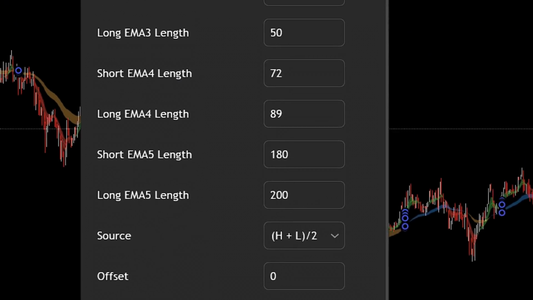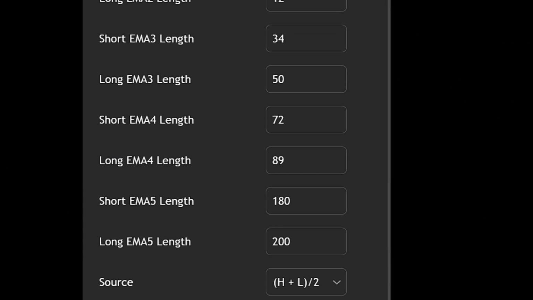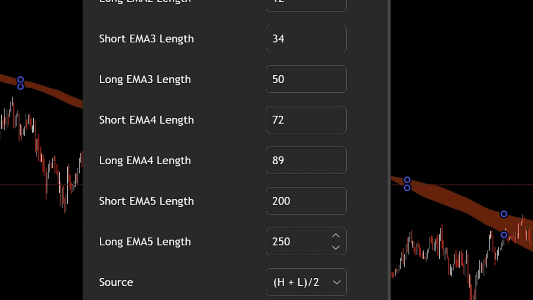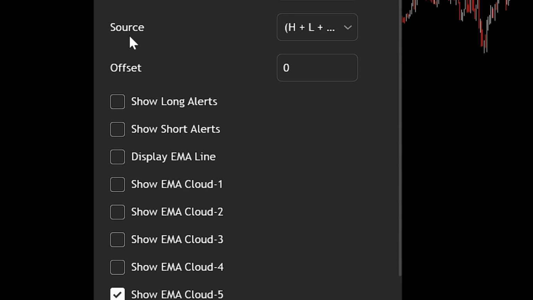Change the short EMA 5 to 200. And the EMA long length to 250. And finally, set the source to close.